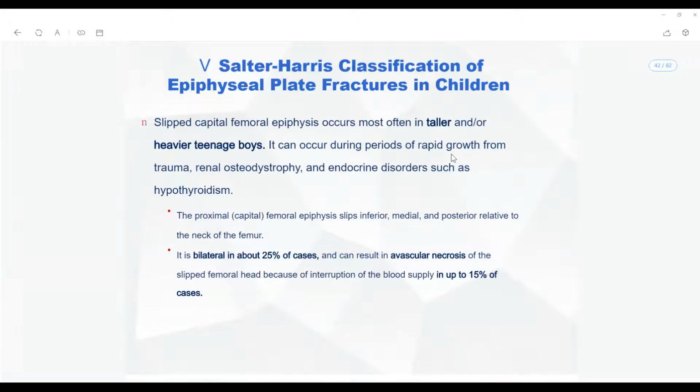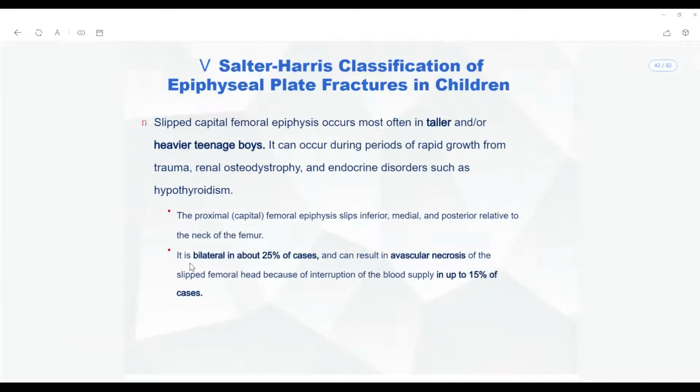What happens in Salter-Harris type 1 is that the epiphysis is separated from the growth plate, right? The epiphysis slips inferiorly, medially and posteriorly relative to the neck of the femur.